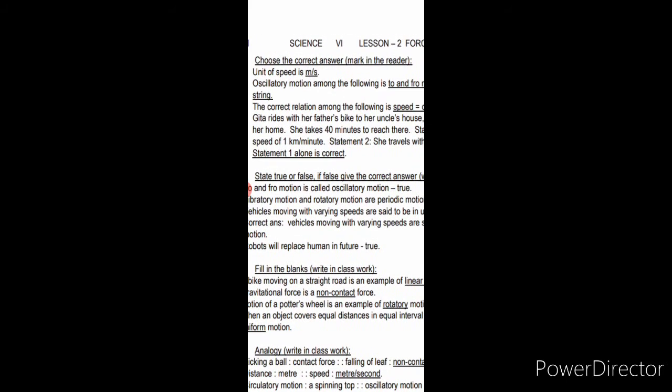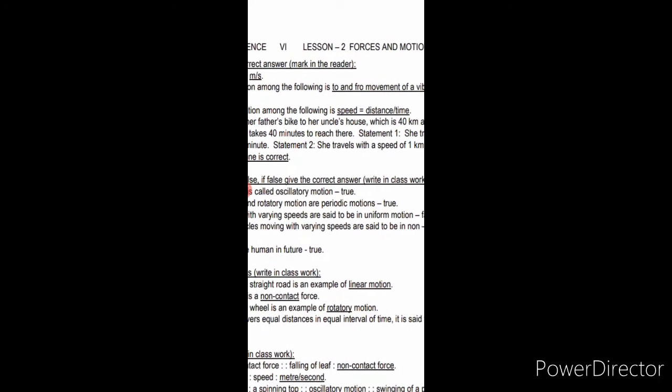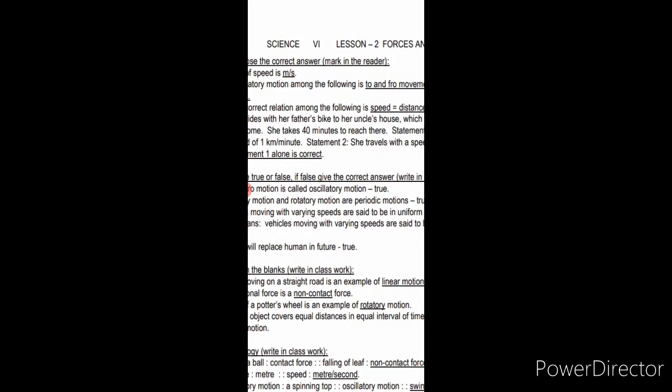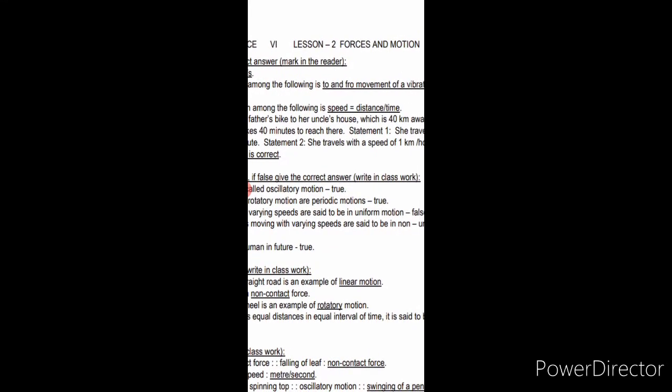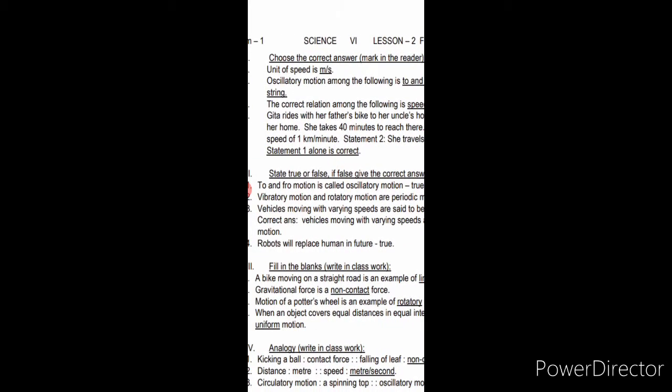Then, oscillatory motion among the following is dash. Oscillatory motion among the following is option C, which is to and fro movement of a vibrating string.